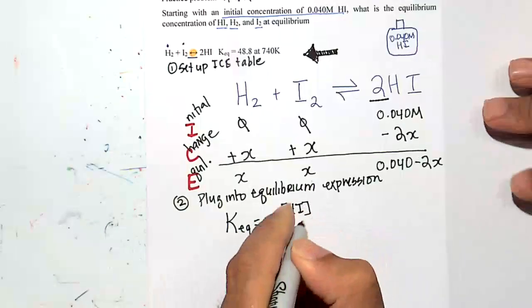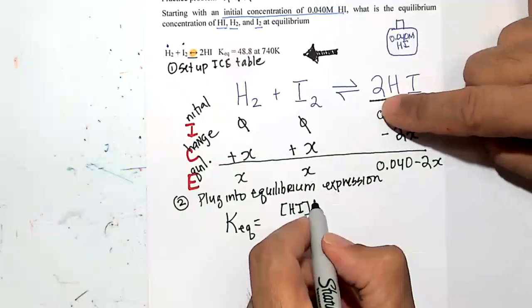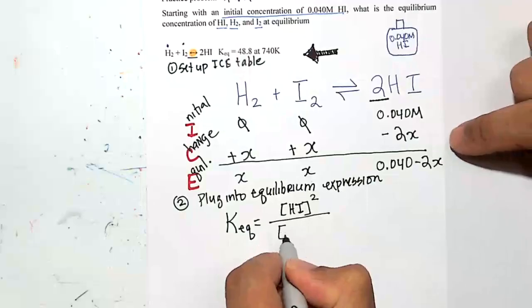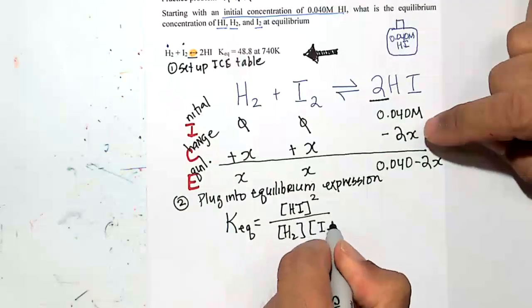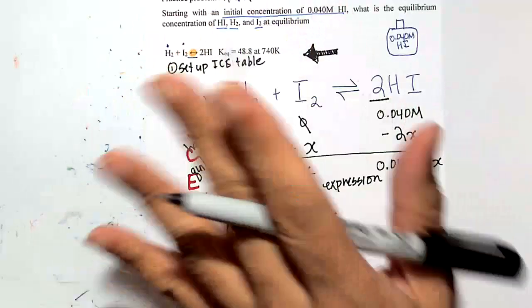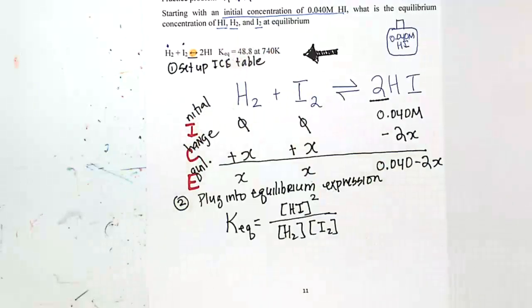Products over reactants. HI. What do we need to do with that? Not multiply by 2. Square it. Very good. Times H2 times I2. This is products over reactants. No solids, no liquids, there are no solids and liquids here. All right, so K is 48.8.